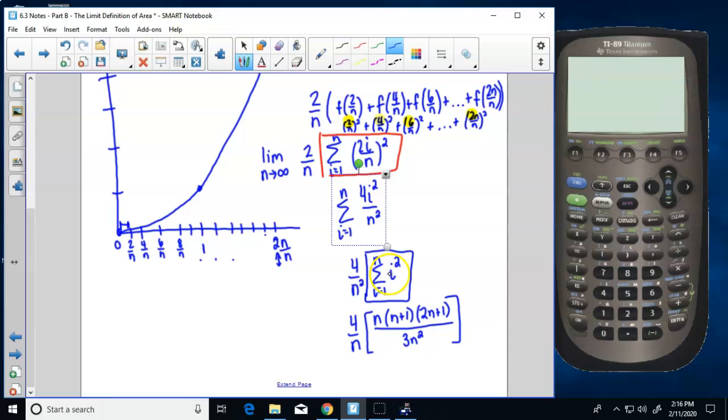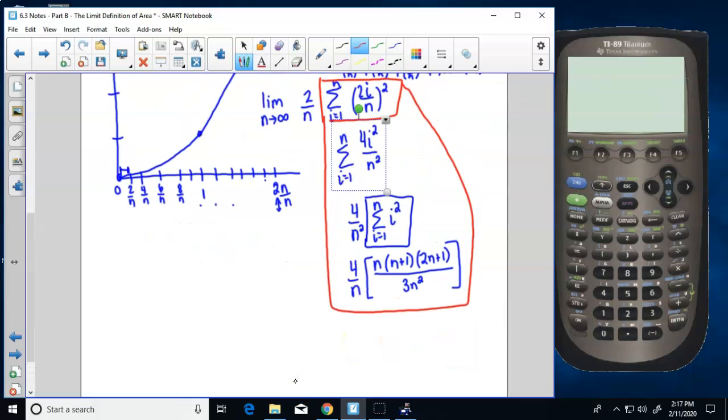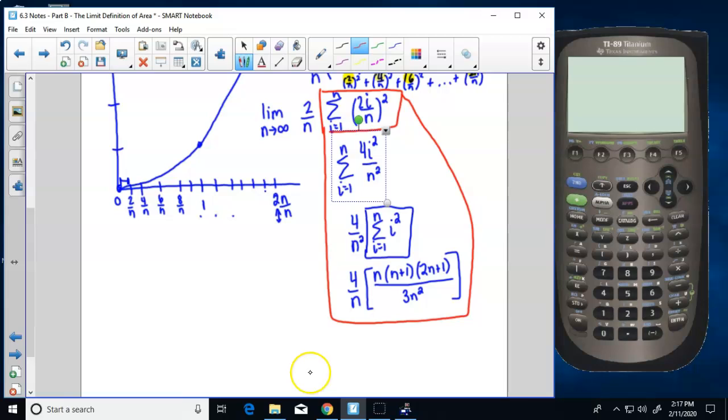And whenever we replace that, the summation is gone. Okay, I should have kept this all separate. This right here was just the stuff in the red box. Okay, questions on that part?